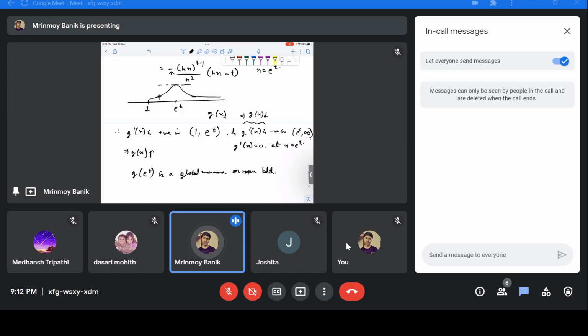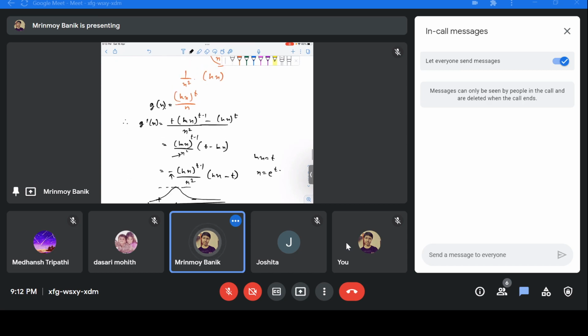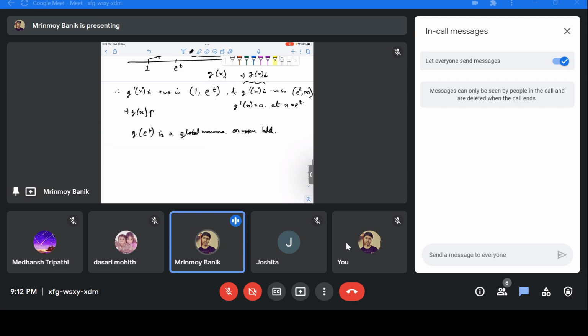So we found our upper bound that we wanted for (ln n)^t by n. Now the rest of it is just a bit of inequality. So it is enough to show: what do we need to show?